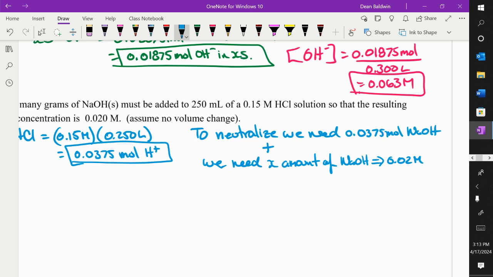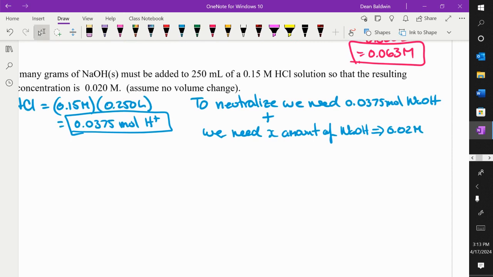Okay. So all we've got to do is say, well, how many moles of NaOH in a 250 mL solution will give us 0.02 molar concentration? So we just go 0.02 molar times the volume equals 0.0050 moles of NaOH.